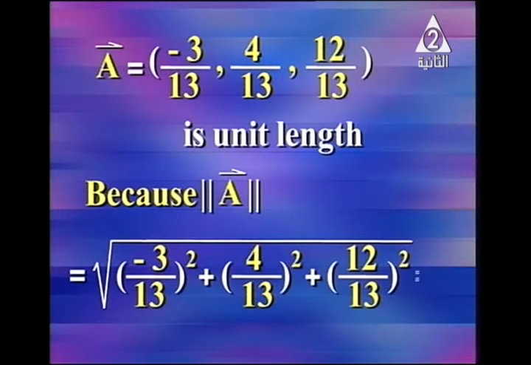Answer is 1. What does this mean? A is a unit vector. What do we mean by unit vector? It is a vector whose norm equals 1. What is the norm of a vector? Norm A vector means square root of AX square plus AY square plus AZ square.